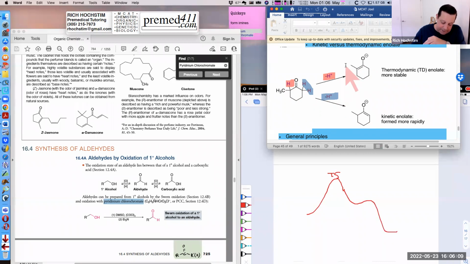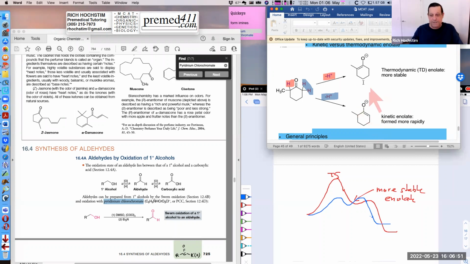So this is going to be more stable. That represents the red. And then with the blue, this will be easier, so it'll be a lower hill. But then this will be higher because it's less substituted. So this is going to be a lower hill like this, but this will be higher like this, and it's going to end up like this.